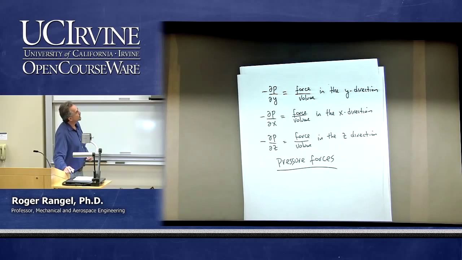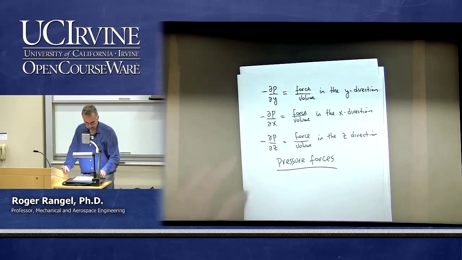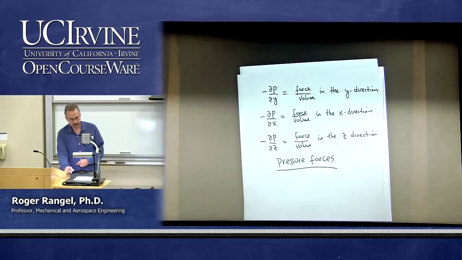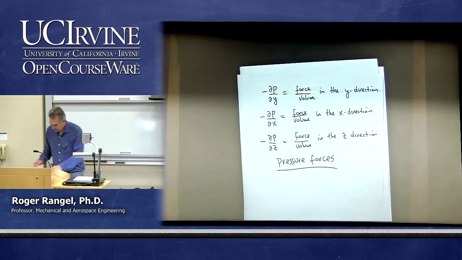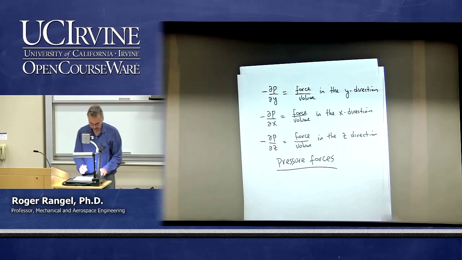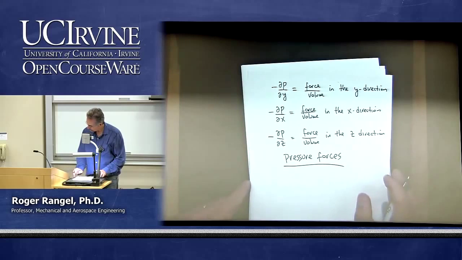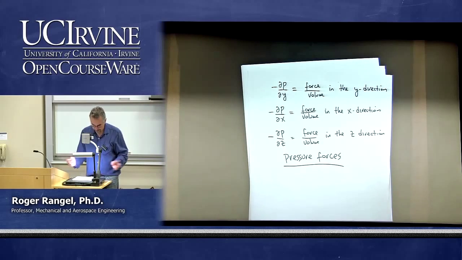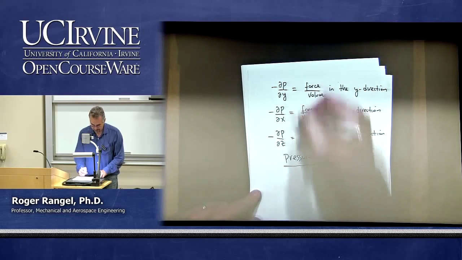The pressure forces per unit volume are equal to the negative of the gradients of pressure in each of the directions. And that is a very useful result, because if I want to write Newton's second law as a vector, that means adding all three directions.